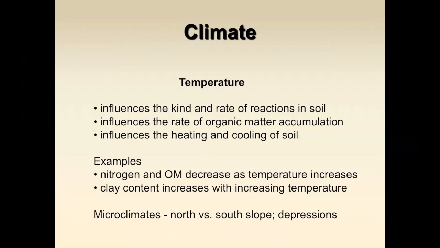Let's look at temperatures. The higher your temperature, the higher the rate of reaction. There's a law called van't Hoff's law. I'll just write it down, not that it's terribly important for you to remember.